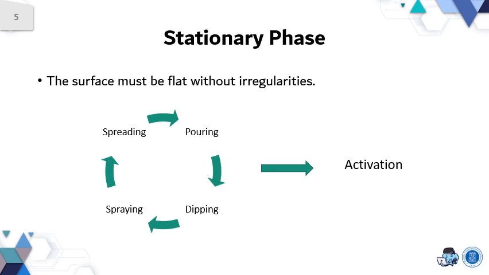If it's not good enough, if it's not uniform, or if the surface has a lot of irregularities, you have to do it again and again: pouring, dipping, spraying, spreading, and pouring again until you get a nice one.